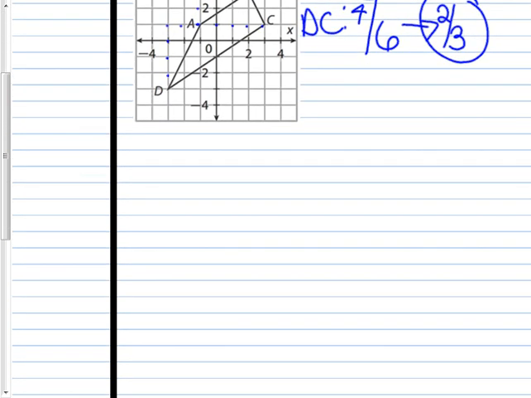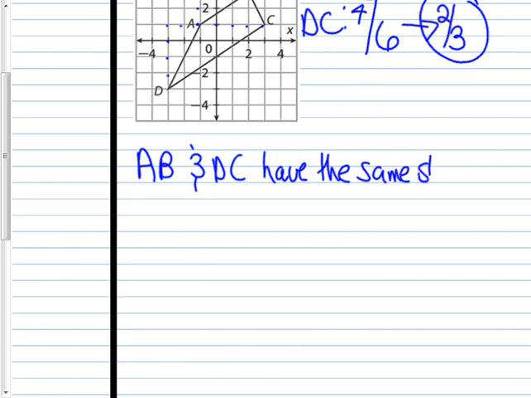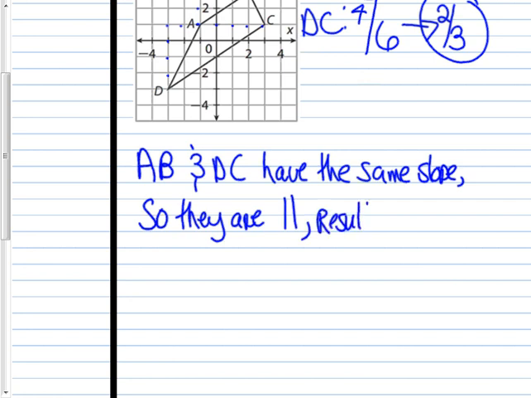So you could say that AB and DC have the same slope, so they are parallel, resulting in a trapezoid.